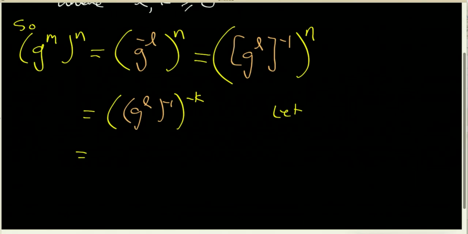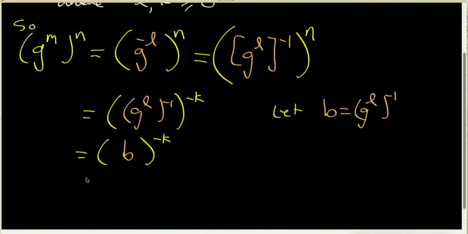I'm going to let b equal g^L's inverse. So what I'm looking at at this point is b being raised to the -k. And I know how to do that. That's going to be nothing more than b's inverse raised to the k, because k is a positive integer. This is by our lemma.